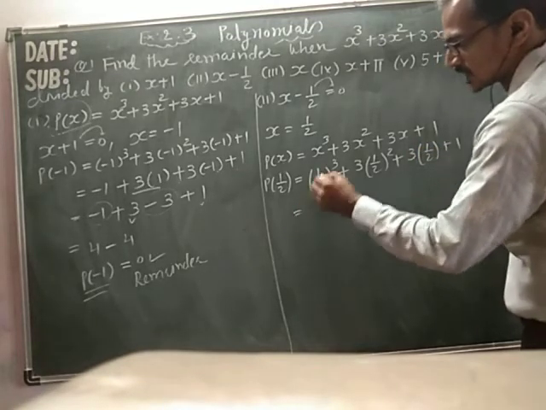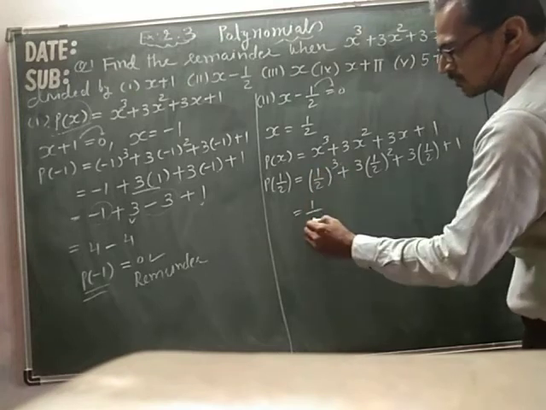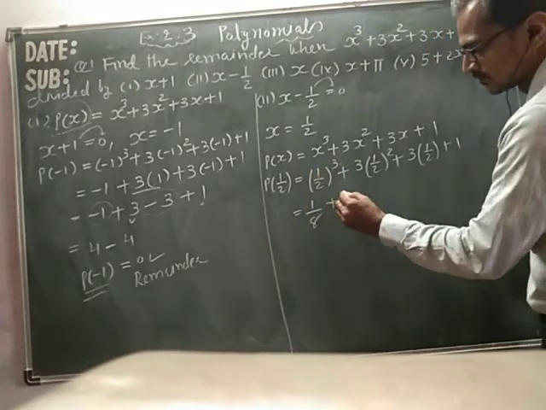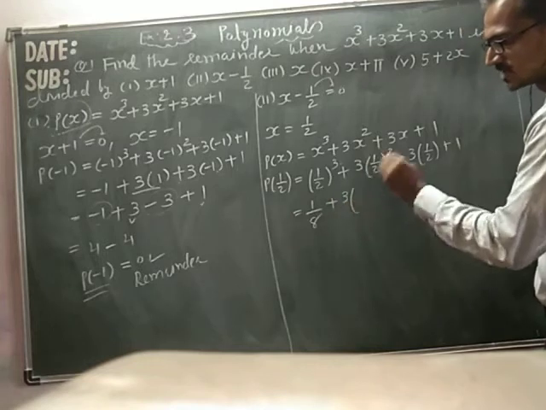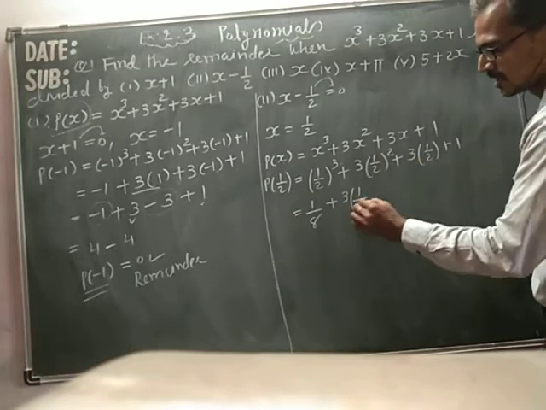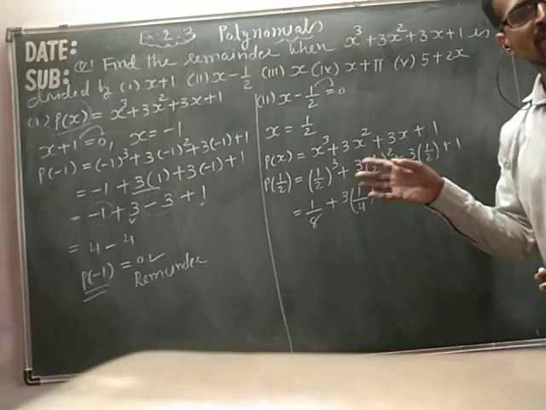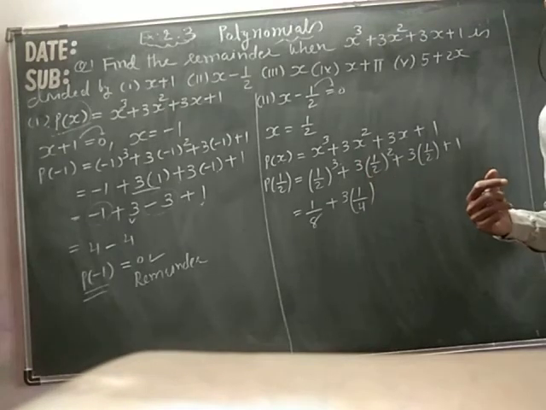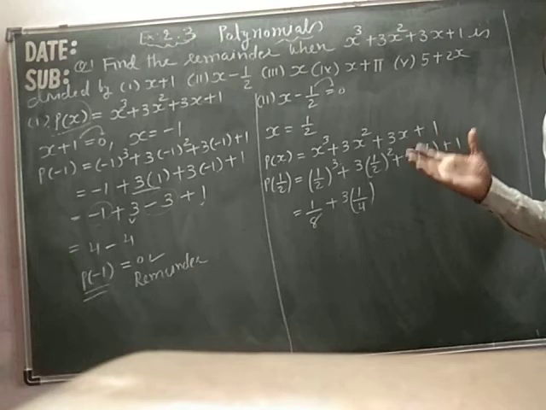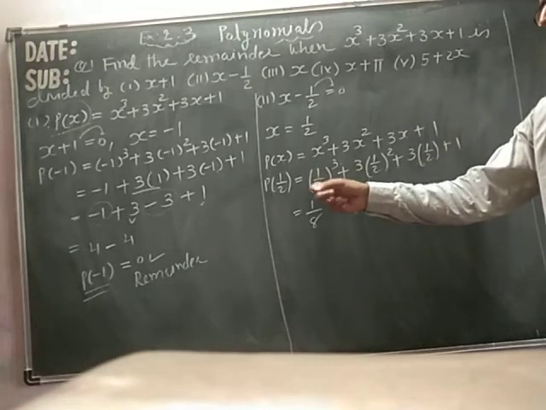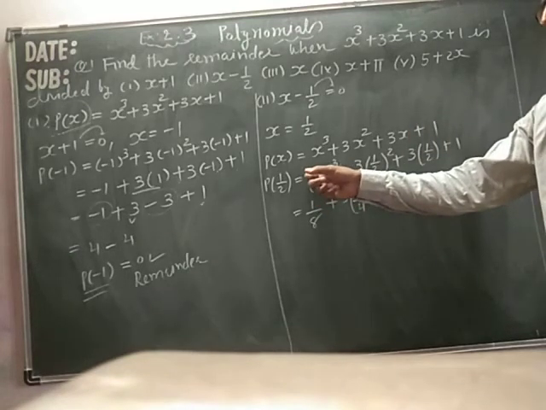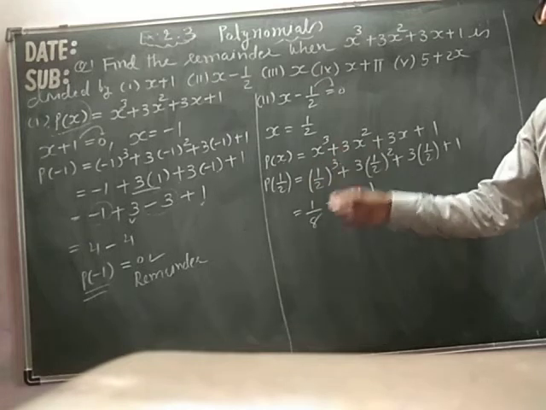Now solve. 1 cube is 1, 2 cube is 8, plus 3, 1 square is 1, 2 square is 4. Whenever you do a square or cube, whatever number is inside the bracket, you have to square or cube all of those numbers. So you have fractions: cube of 1 is 1 and cube of 2 is 8.